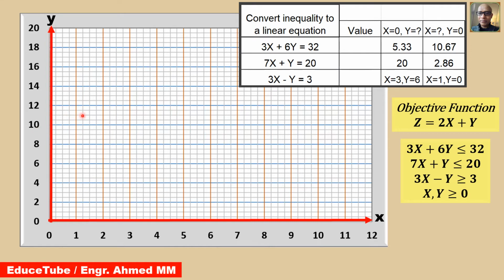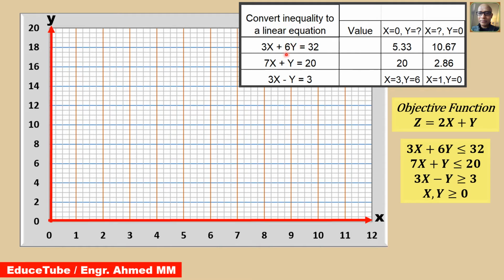It is the easiest way to find. So what we will do, for this, first we have to convert the inequalities to linear equations. All these inequalities to be converted to linear equations.